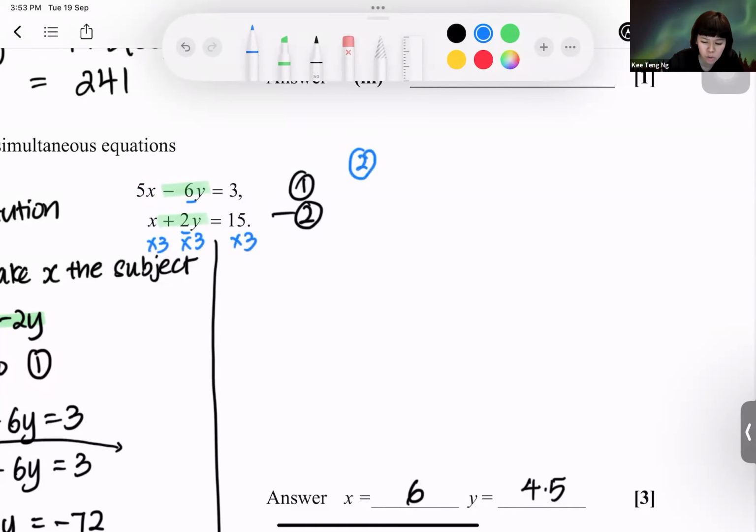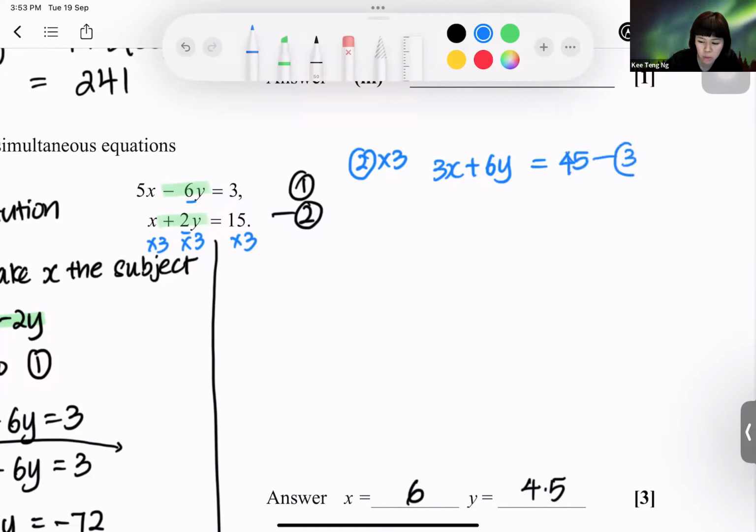So I take equation 2, I times 3, that will give me 3x, 6y, 45. Then I write down my equation 1: 5x, oh, this is minus 6y, equals 3. Equation 1.